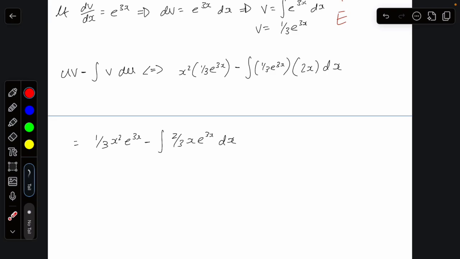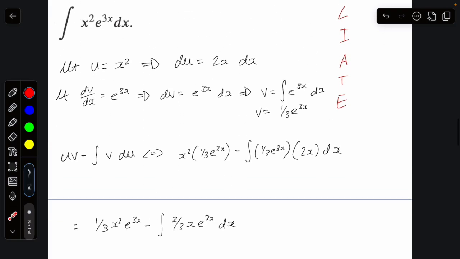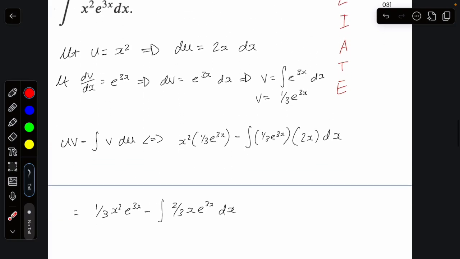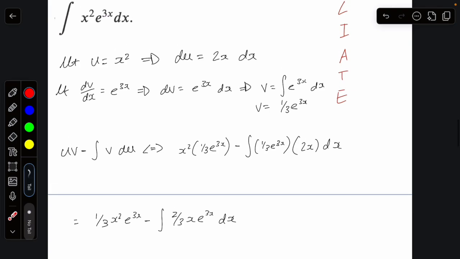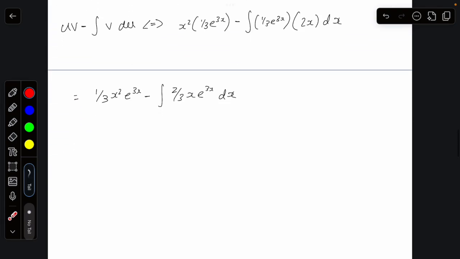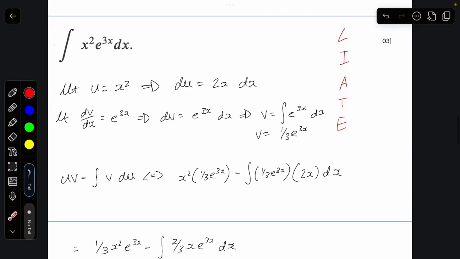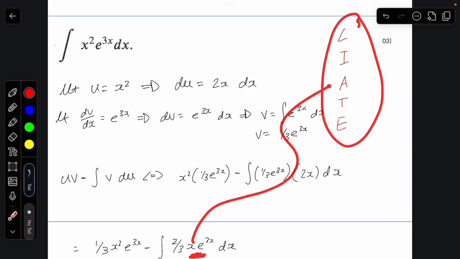As you can see, what we've ended up with is another product where we have to reapply integration by parts. This is very common, especially when we've got exponentials. Look at our acronym, LIATE. What comes first? Well, the algebraic functions, then exponentials.